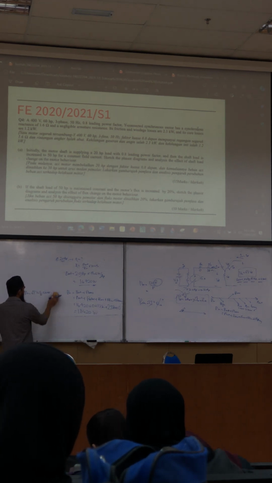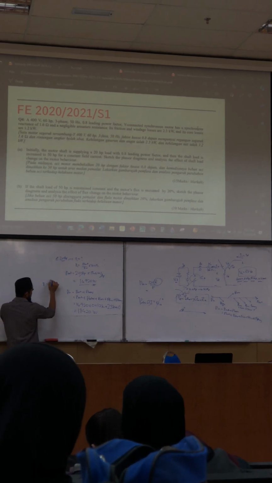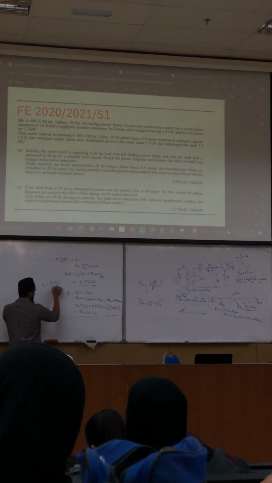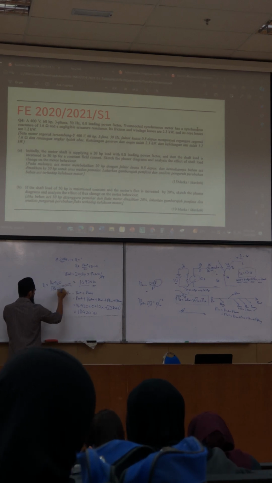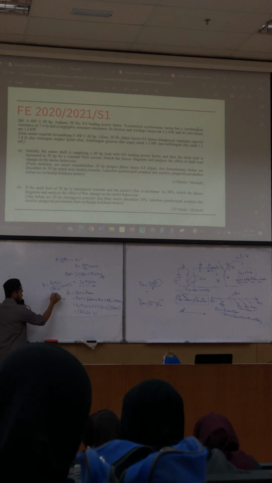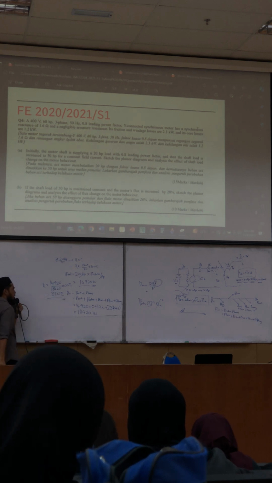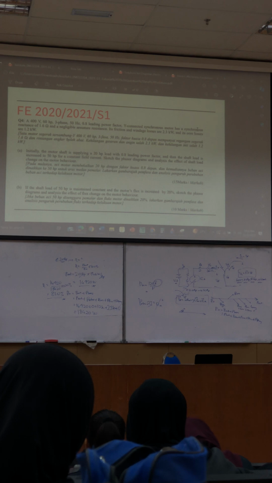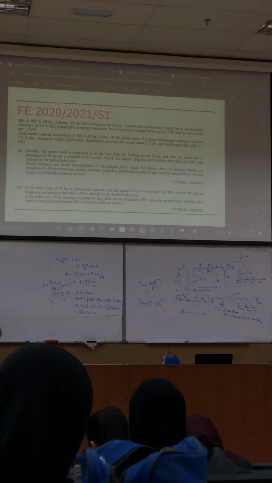So your efficiency becomes 14,920 over 18,420 times 100%, which is 81.0%. So this is your efficiency at this 20 horsepower event.